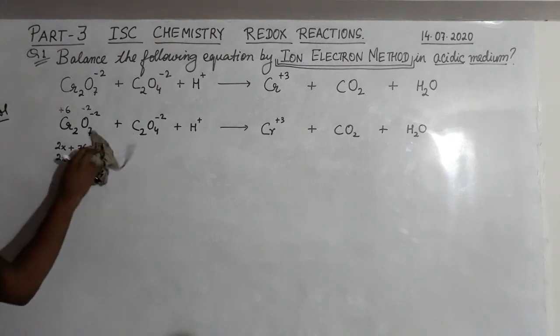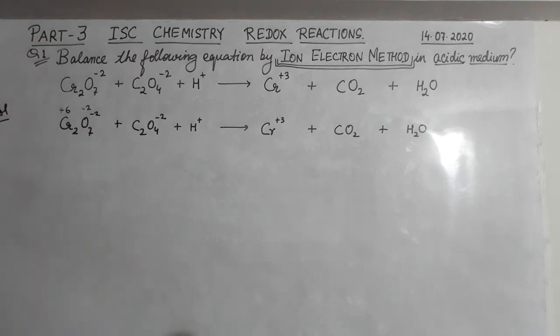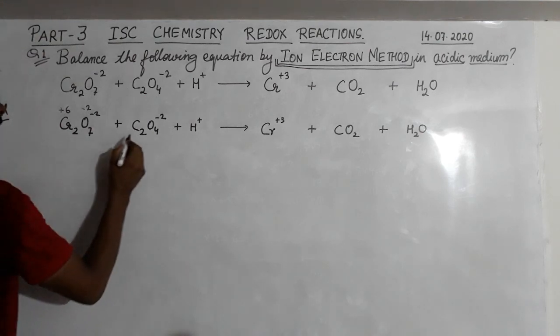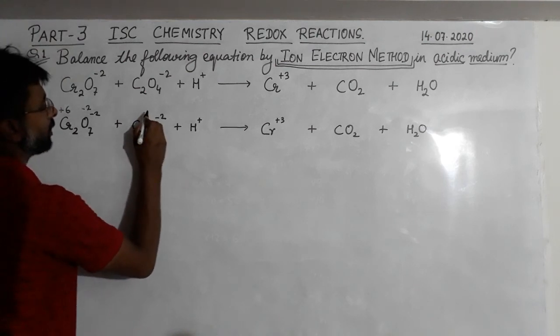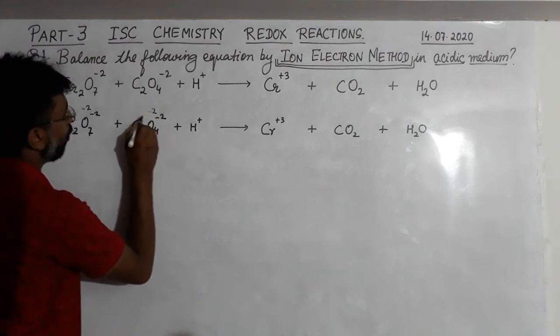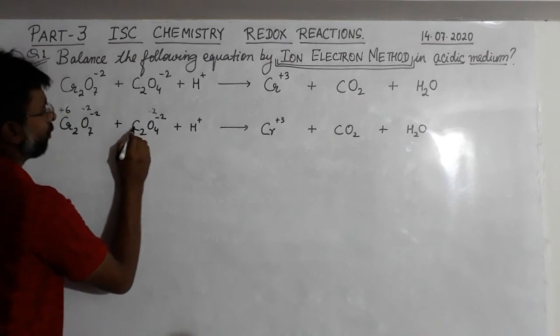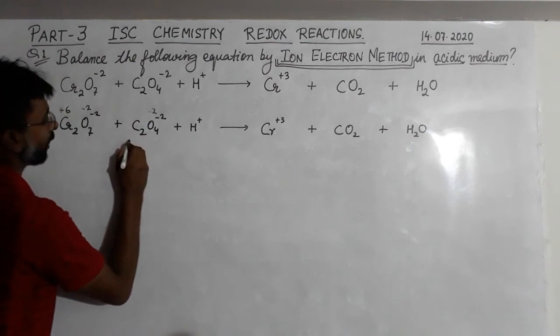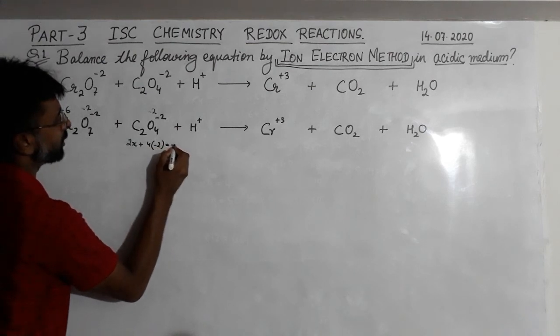Now in a similar manner, let us work out the oxidation number of all the atoms in this ionic equation. Over here, in oxalate ion, the oxidation number of oxygen is minus 2. The overall charge of this oxalate ion is minus 2. So to find the oxidation number of carbon, I write down 2x plus 4 into minus 2 will give me overall charge minus 2.